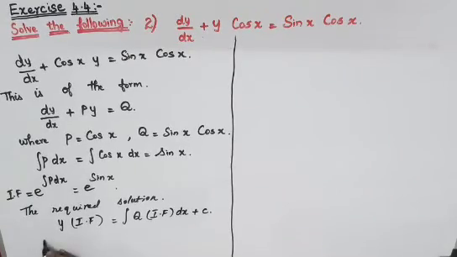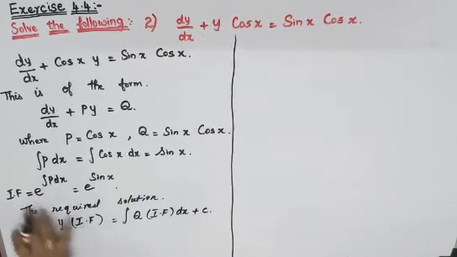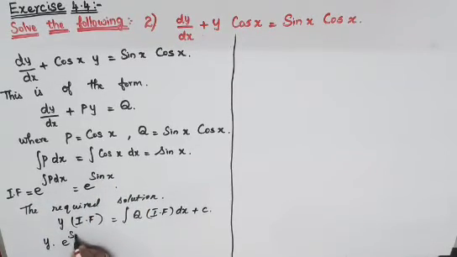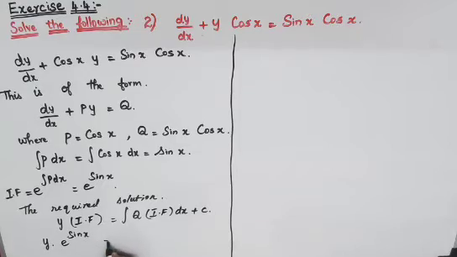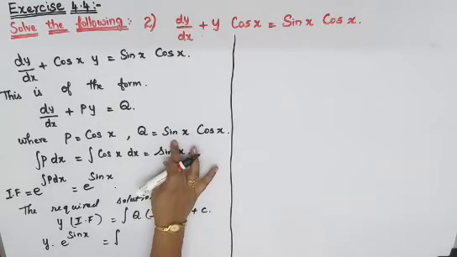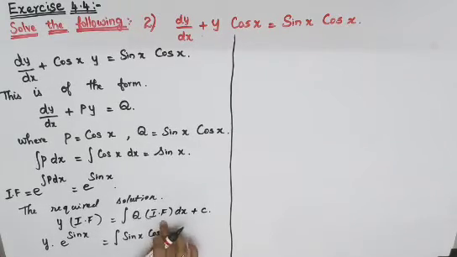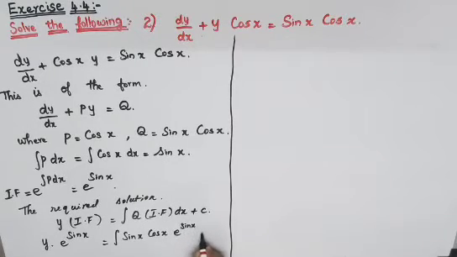The next step, y into IF, we have got as e power sin x. So e power sin x is equal to integral of sin x cos x, again IF e power sin x into dx plus c. We'll mark this as equation 1.